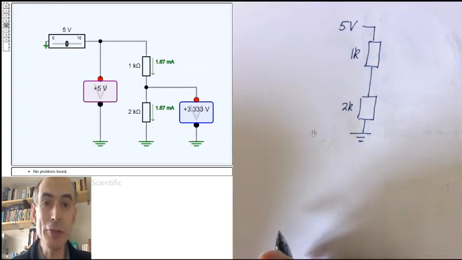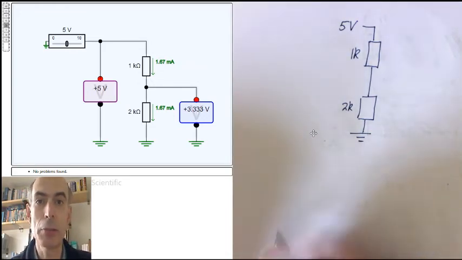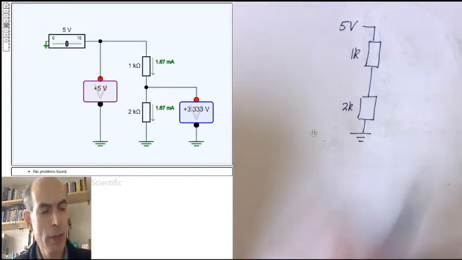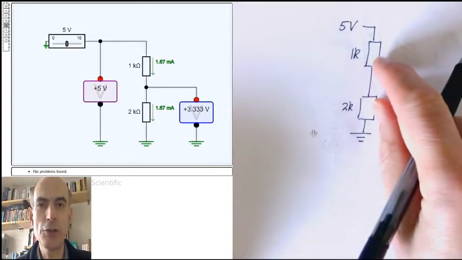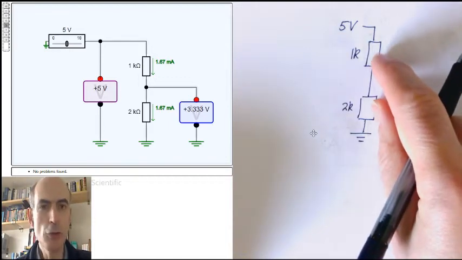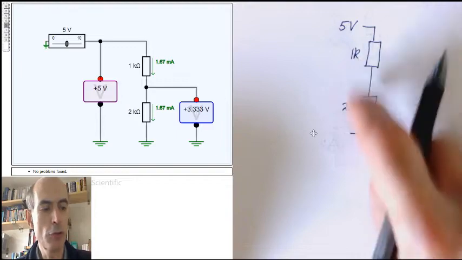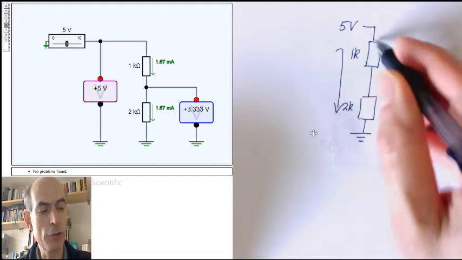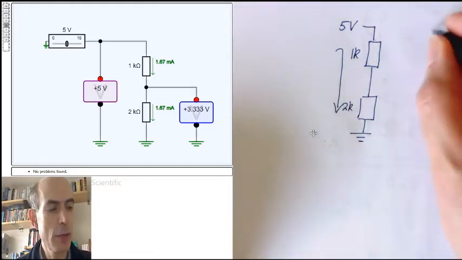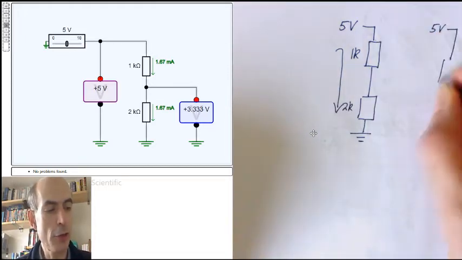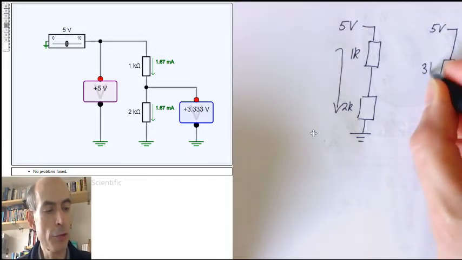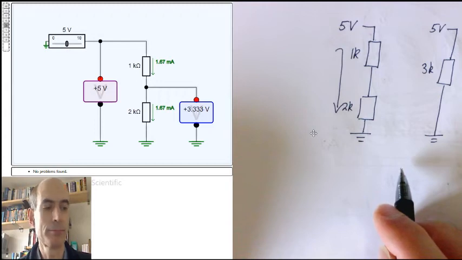There are various different ways to analyse this circuit and come up with the answer, but probably the easiest way is to consider that you've got two resistors here in series. Now, two resistors in series behave like the sum of the two resistors. So in terms of the current flowing down through this series of resistors, it works exactly the same as this. A single resistor with a value of the sum of the two resistors.